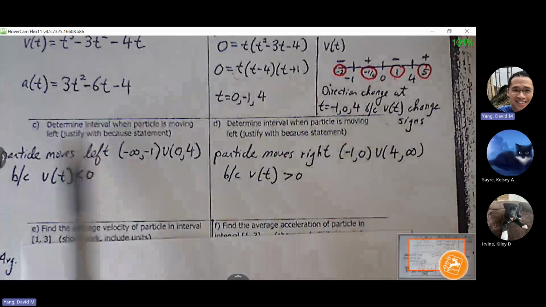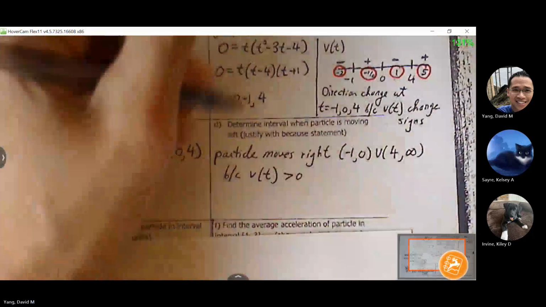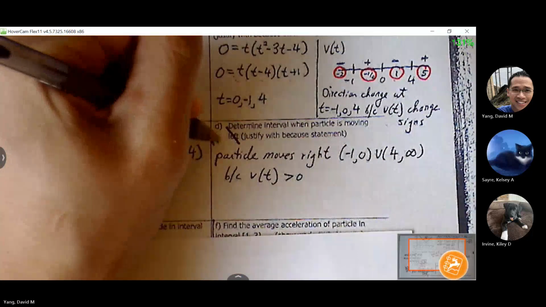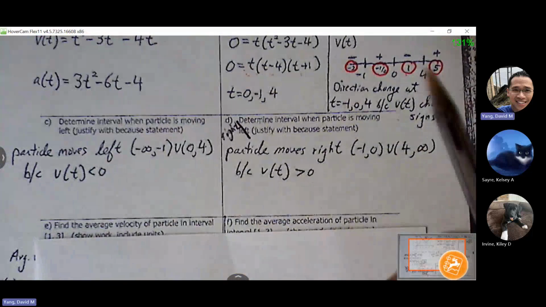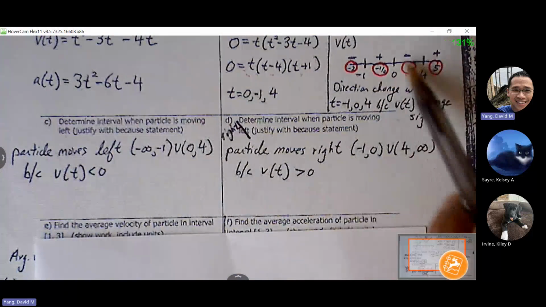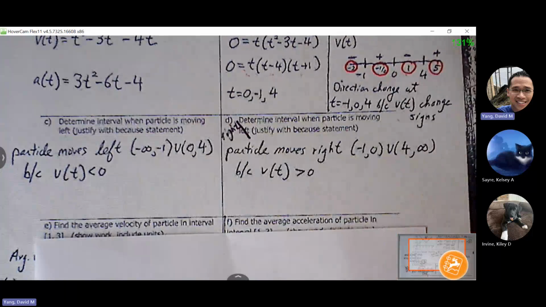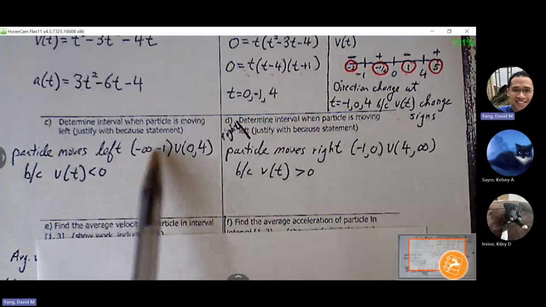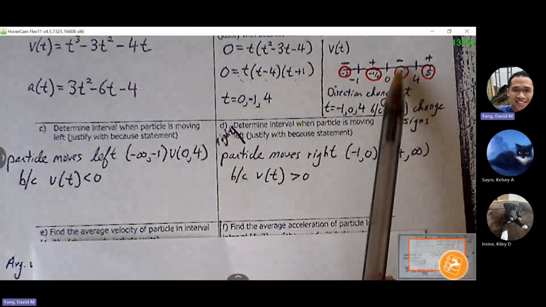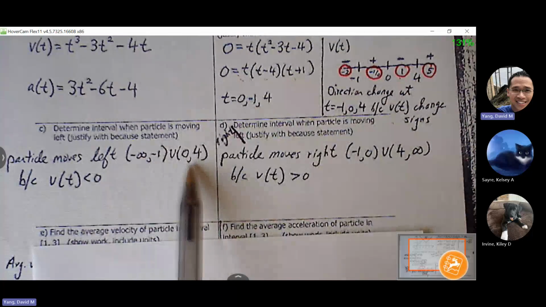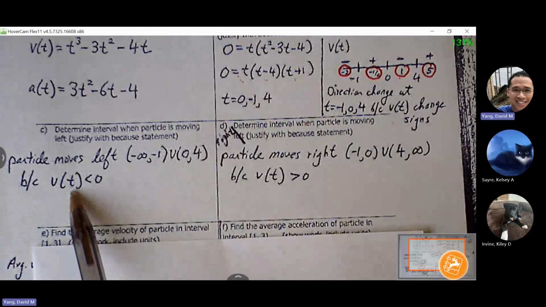Sorry for the typo here. I meant for this to be particle moving left and then particle moving right. So moving left, you're just reading your velocity sign line. Negatives would be left and positives would be right. So -infinity to -1, the first and the third region is where we can expect this object moving left because velocity is less than 0.